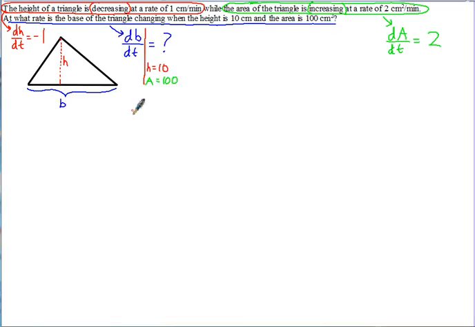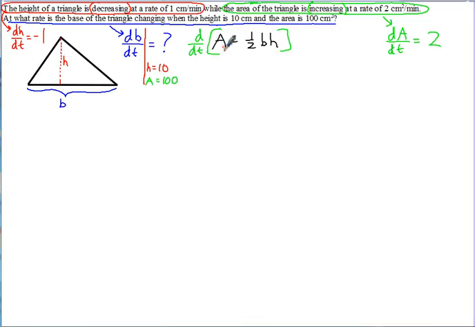But again, we're not going to put in h is 10 in our diagram or A is 100 until after we take the derivative. So this time, again, we need an equation that relates the variables and the rates we know and the rates we're given. So here we've got the area, the base, and the height. To relate those three variables, we need to use the area of a triangle formula. So the area of a triangle is 1/2 the base times the height. And since we know dA dt, and we know dh dt, and we're looking for db dt, we can take the derivative right here with respect to time to get those rates in there.